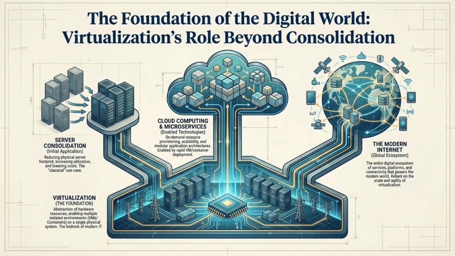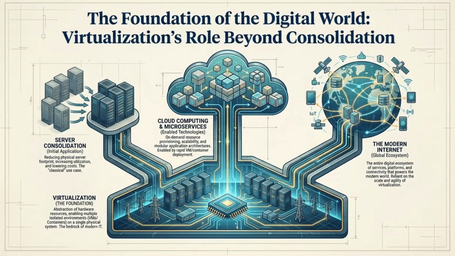Microservices architecture relies on rapidly creating and destroying isolated environments. Virtualization and its evolution into containerization provide the essential isolation and portability needed for these small independent services to run reliably.